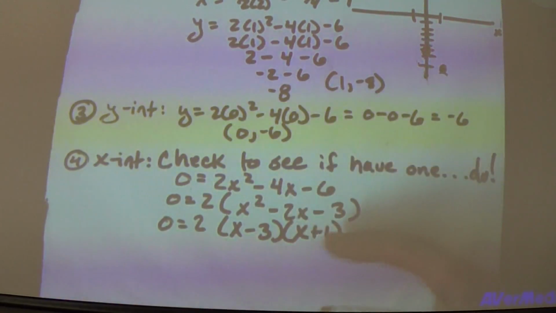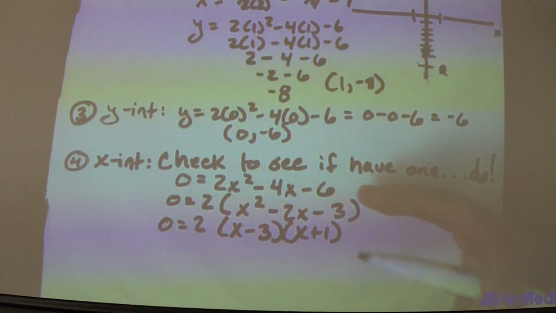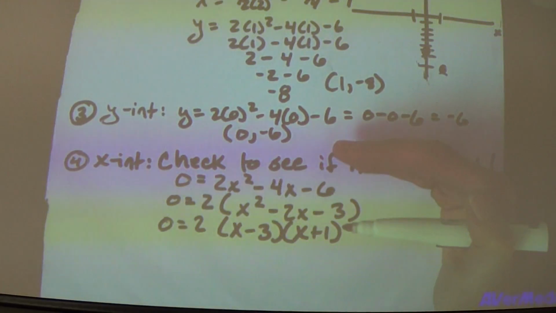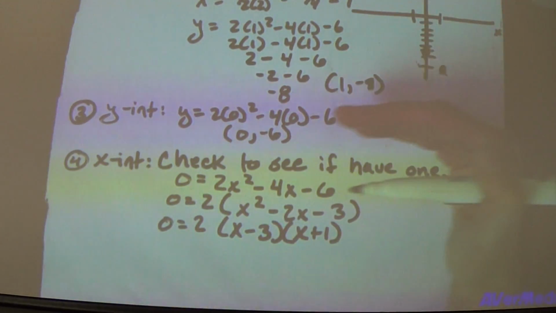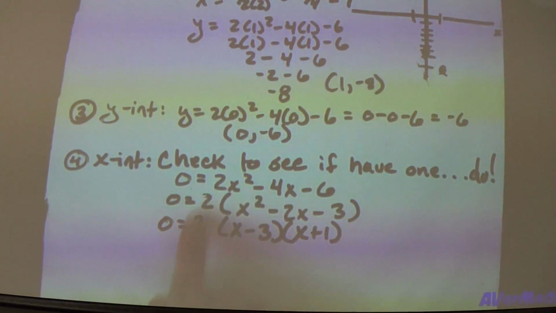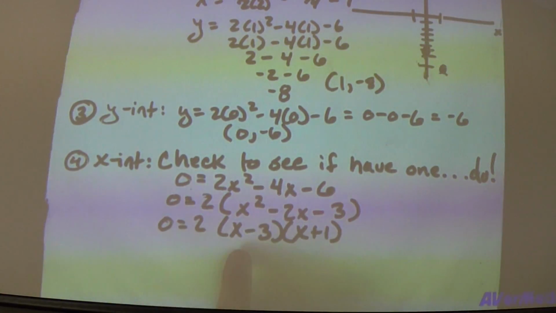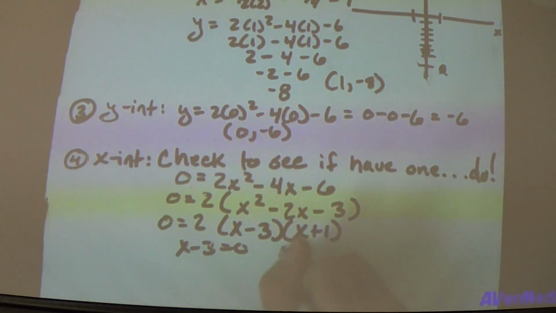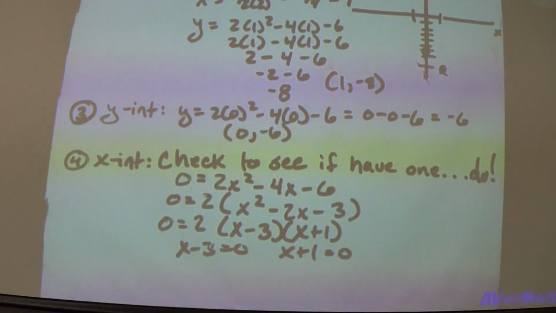Notice when we went through, I didn't mention anything about this GCF all the way up to number 4 because it affects everything else. It does not affect your x-intercepts. That 2 does not have an x with it, which means I'm only setting the parentheses equal to 0. And solve.